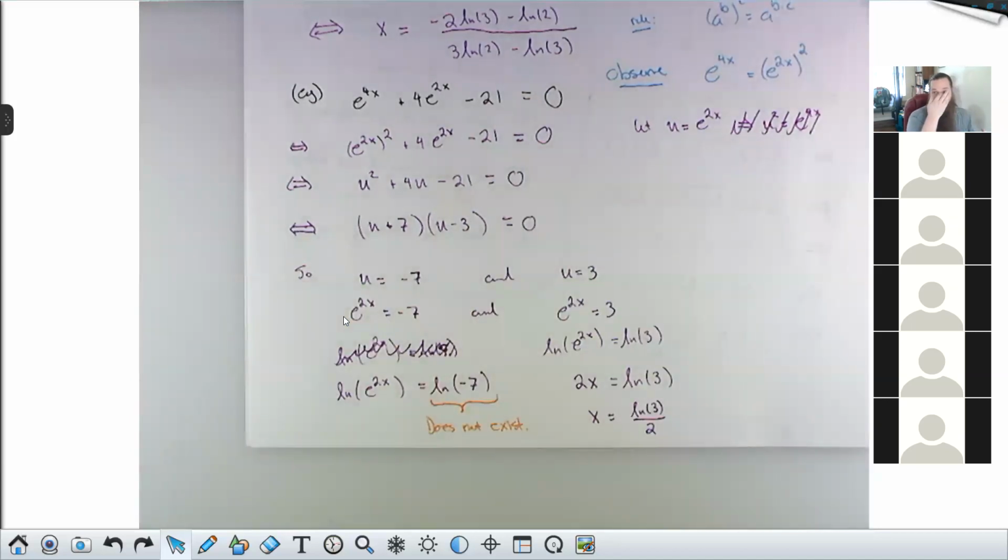Remember, the domain of the natural log is just the open interval 0 to infinity. You cannot take the natural log of -7. This is not a thing. So there's no solution that comes from this side. That equation really only has one solution, and it's x equals the natural log of 3 over 2.